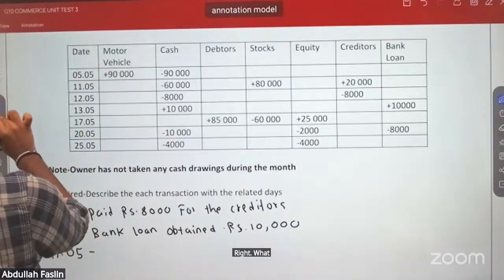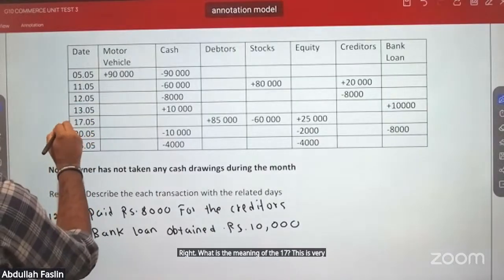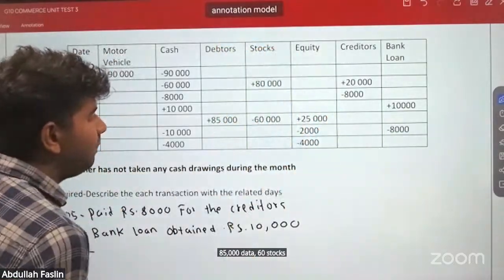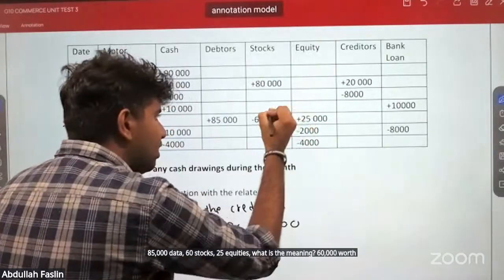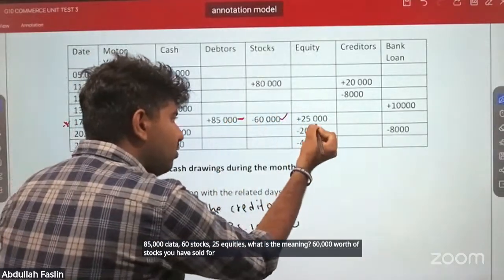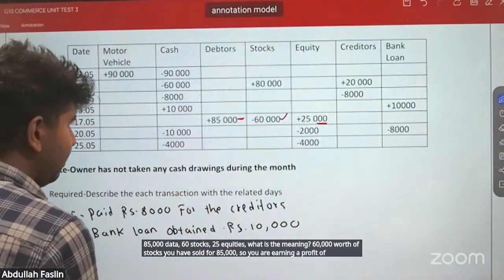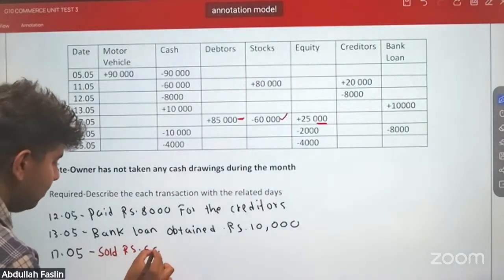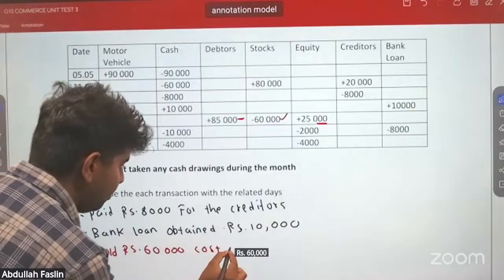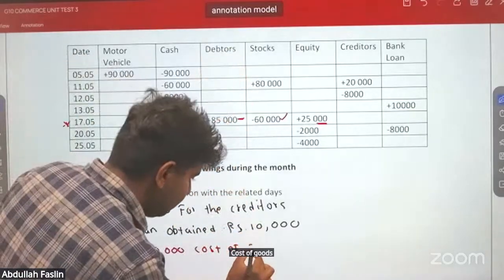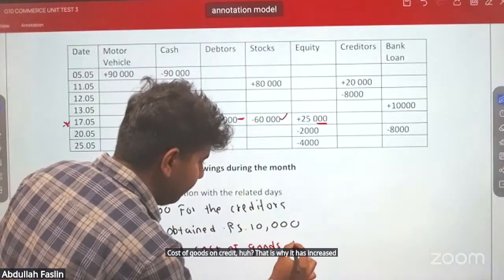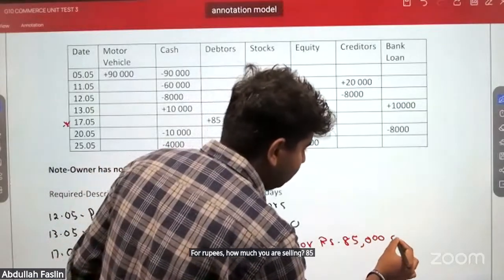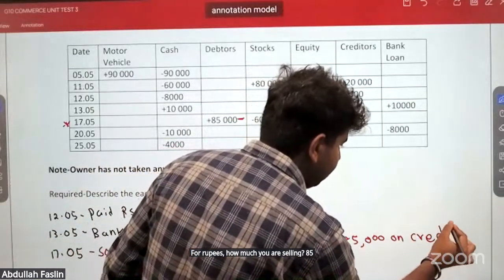Right. What is the meaning of this 17? This is very important. Put a star. 85,000 debtors, 60,000 stocks, 25,000 equity. What is the meaning? 60,000 worth of stocks you have sold for 85,000. So you are earning a profit of 25,000. Therefore, write down: sold rupees 60,000 cost of goods on credit. That is why debtors is increased. Goods for rupees 85,000 on credit.